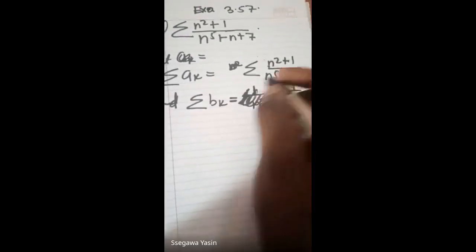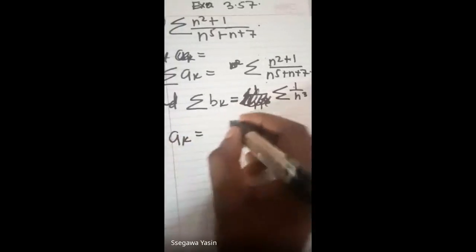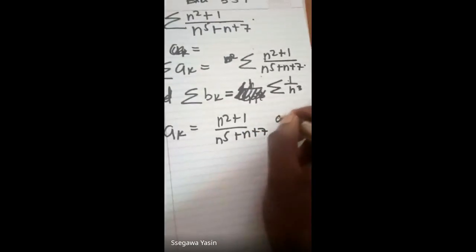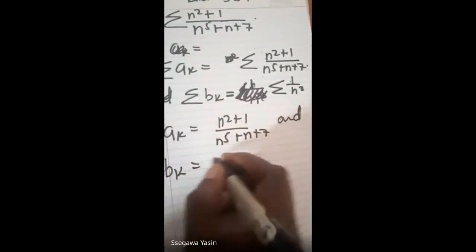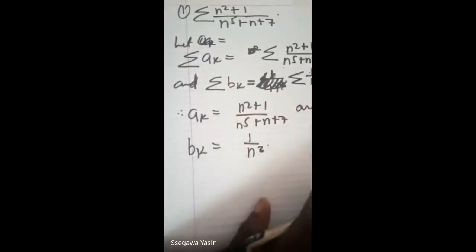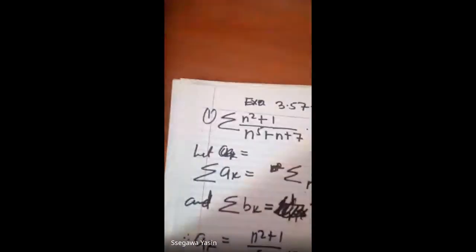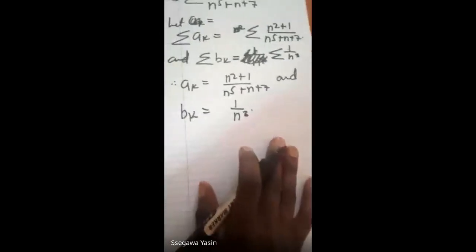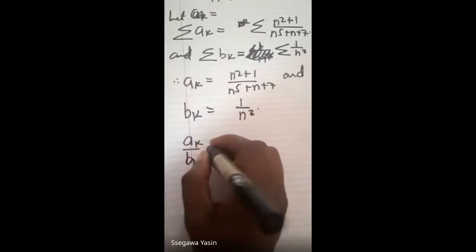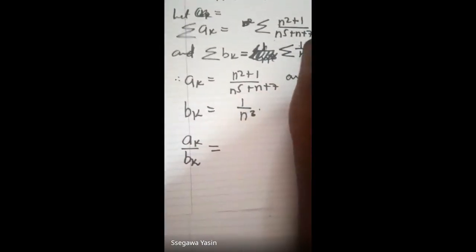So now, from here we have said you pick a_k. These are sequences now, not series. And also we have to pick b_k. Where are we picking them from? We are picking them from the series, but we are getting sequences. So remember we said immediately after picking that, you divide a_k by b_k.